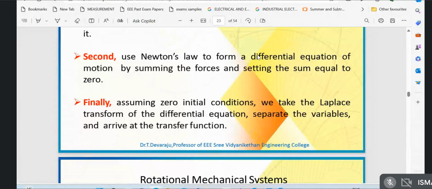So assuming zero initial conditions, these are always given, but you assume it in the first case in all transfer functions that we start from zero initial conditions. You're starting from scratch. Maybe you say dy/dx is equal to 0 at this point. So it will help you to arrive at the transfer function very well.